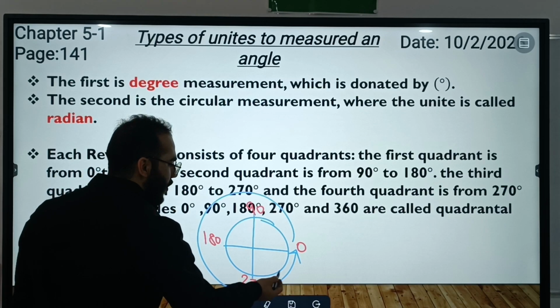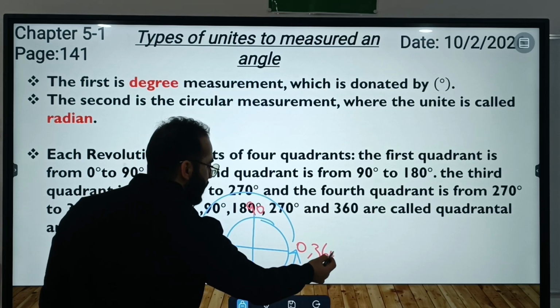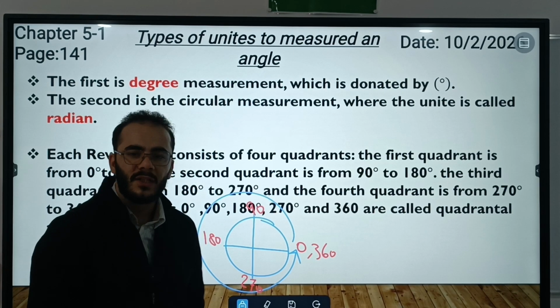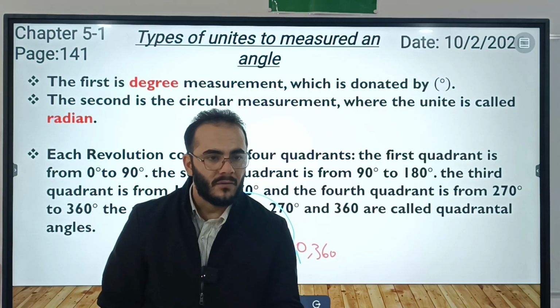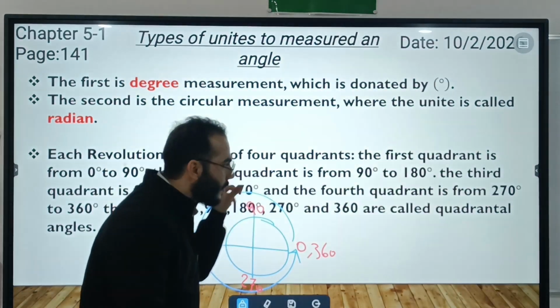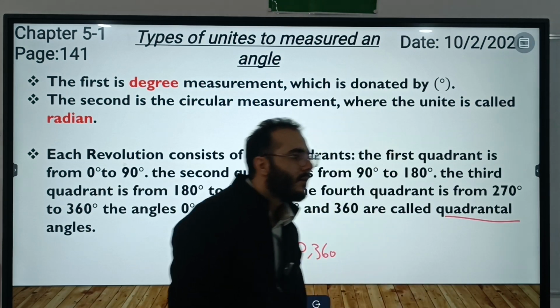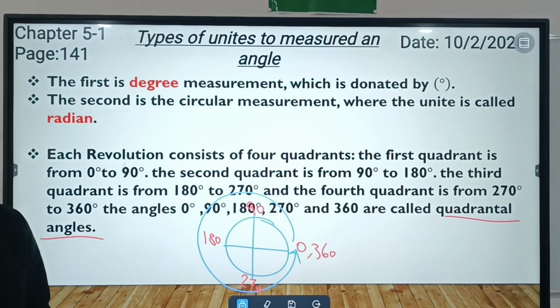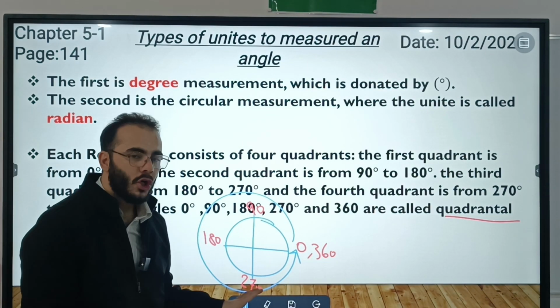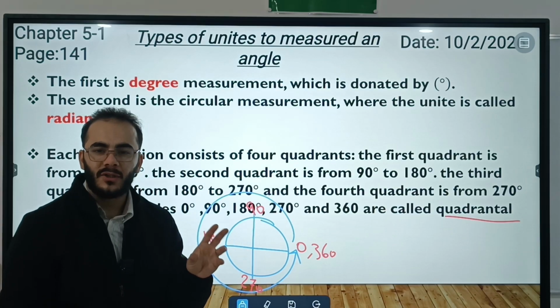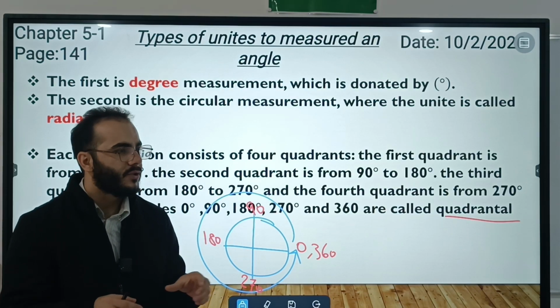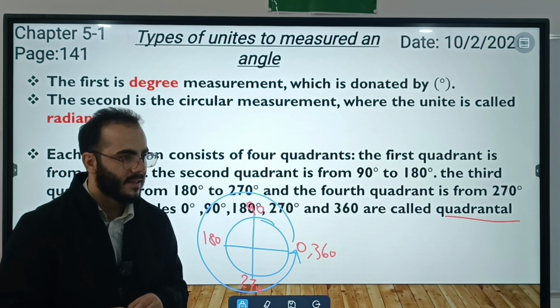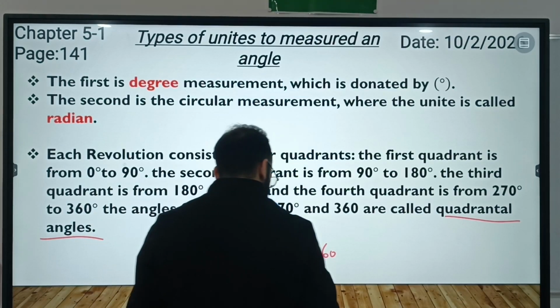And the last one from 270 to 360 degrees. So basically 0 and 360 have got the same place. We call these angles quadrantal angles. We call these 5 angles quadrantal angles because they just differentiate the quadrants. Perfect.